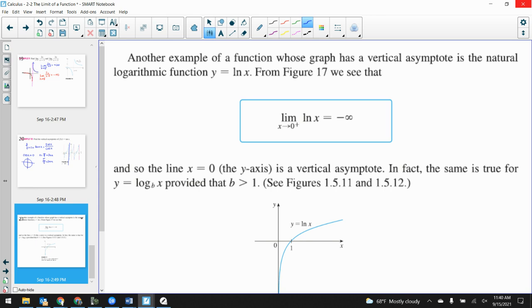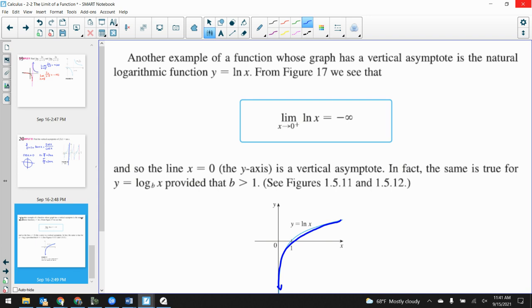So take, for example, ln of x, log base e of x. If I graph ln of x, this is what it looks like down below here. Do you notice how as I approach 0 from the right side, it keeps getting smaller and smaller? It will go down to negative infinity.